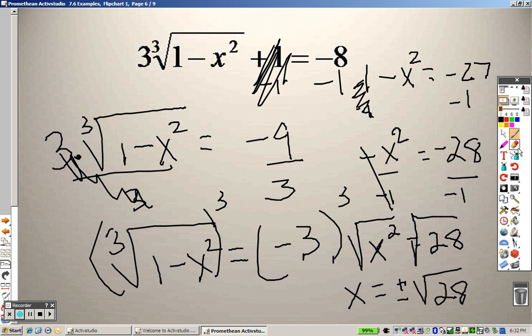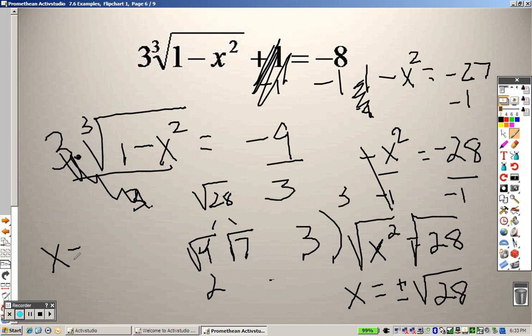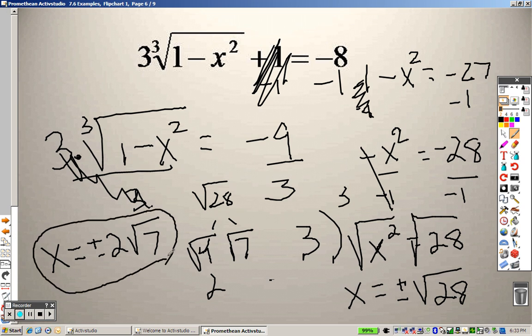That one I can simplify. The square root of 28, I can break into 4 and 7: square root of 4, square root of 7, and the square root of 4 I can rewrite as 2. So your official answer here is x equals plus or minus 2 root 7. When we come back, we will finish up with 7.6, solving radical and rational equations.